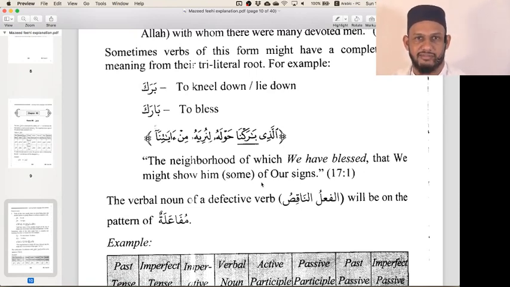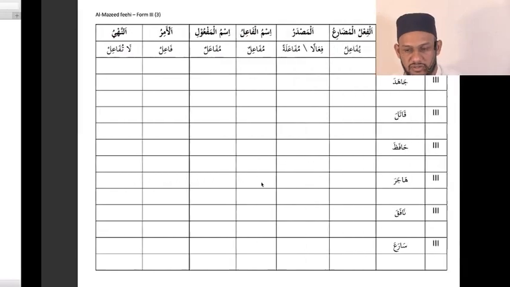Whereas on the third verb, baraka means to bless. Alladhi barakna hawlahu. The land that we blessed around it. So baraka there actually has a new meaning. So sometimes on the third bab, in many of the babs, it's not actually connected to the first bab, but if it's connected, it's normally going to be in the sense of mutuality. Okay, let's carry on inshallah.